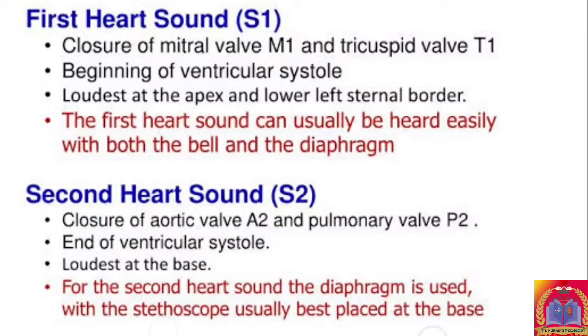Like the S1 heart sound, the S2 sound is described regarding splitting and intensity, and it occurs at the end of the ventricular systole and is loudest at the base. For the second heart sound, the diaphragm of the stethoscope is used, usually best placed at the base.